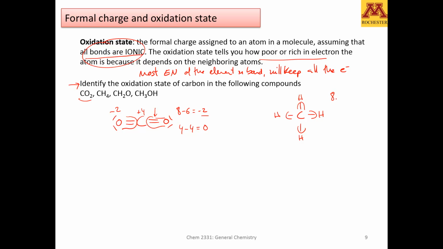If it has 8 electrons, to be neutral it would be 4. It means it has 4 electrons of excess. That means that the oxidation state of carbon is -4. So it's quite a difference from the +4 to the -4. We will say that carbon in CO2 is highly oxidized and carbon in methane is highly reduced.